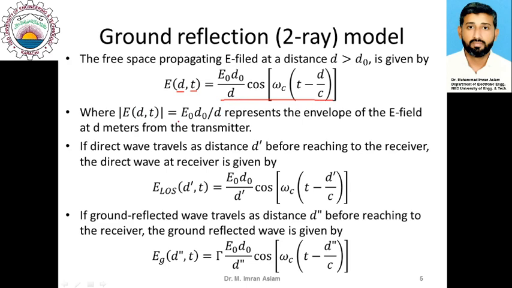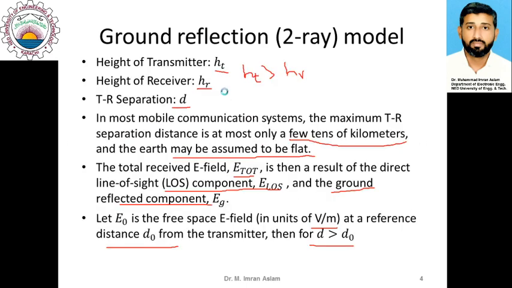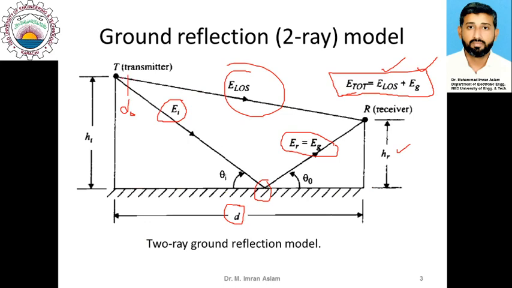The first part, E naught d naught by d, is the magnitude of the E field at the distance d from the transmitter. This is the general relationship, but you observe that there are two different rays we are talking about. The first one is the ray which is going directly.